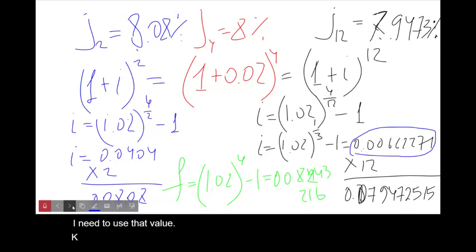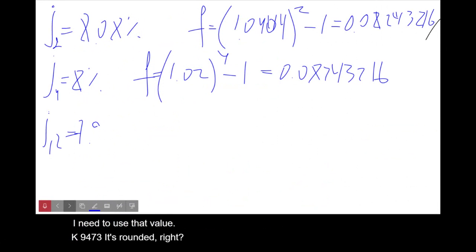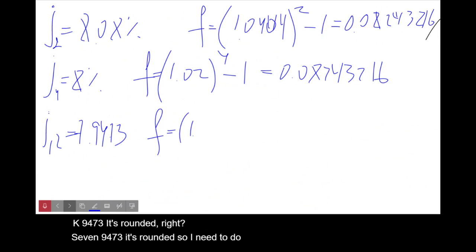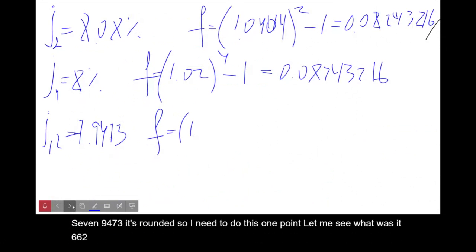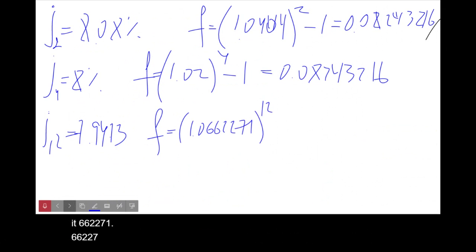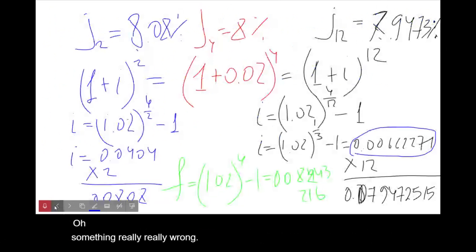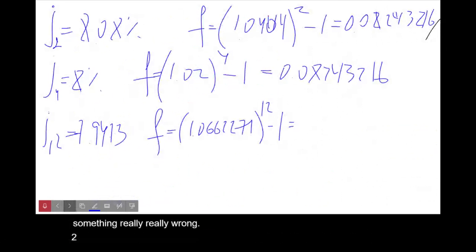Okay, 94.73, it's rounded, right? 794.73 is rounded, so I need to use 1 point, let me see, what was it, 662271. 662271 to the power 12 minus 1. Let me actually calculate it. Oh, something is really wrong. Oh, 2 zeros. That's what it is.